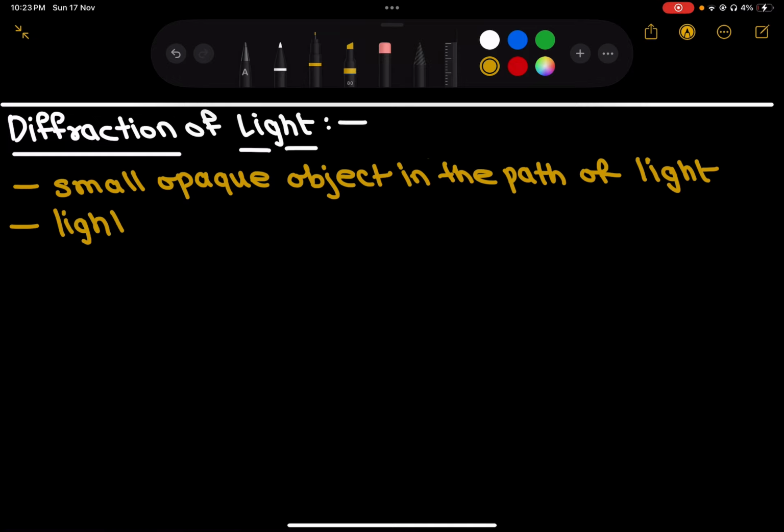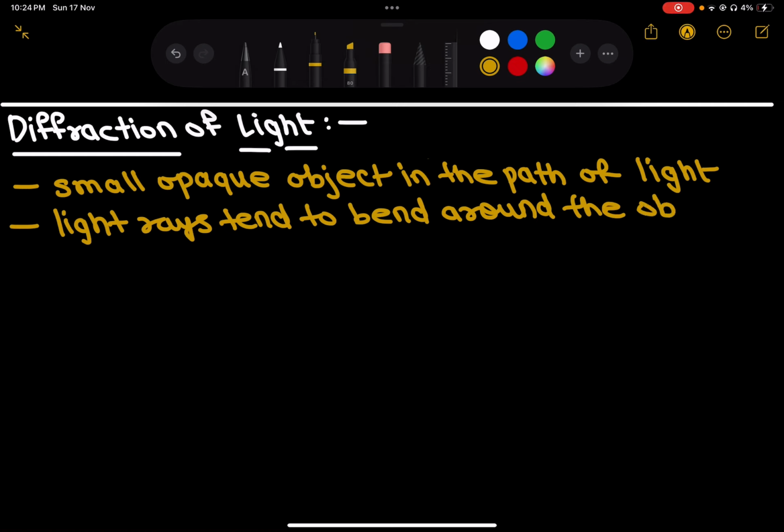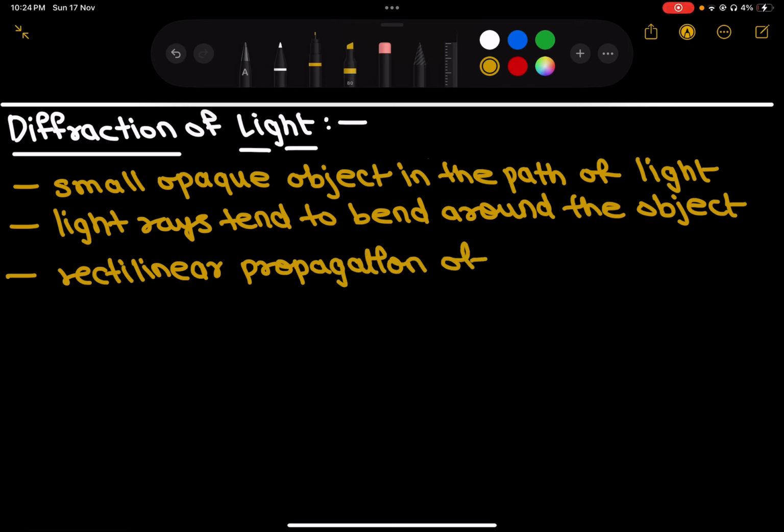Hence the rectilinear propagation of light fails. These three points are important in the definition. So this concept fails basically in this particular situation. That is basically the diffraction of light.